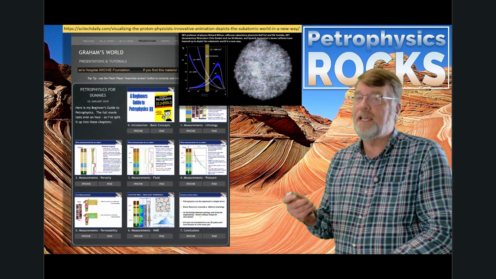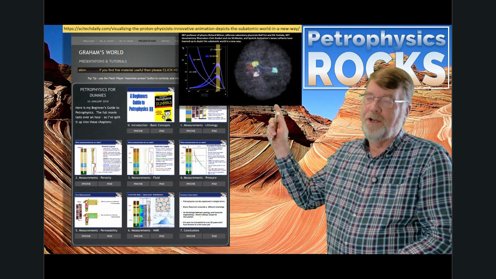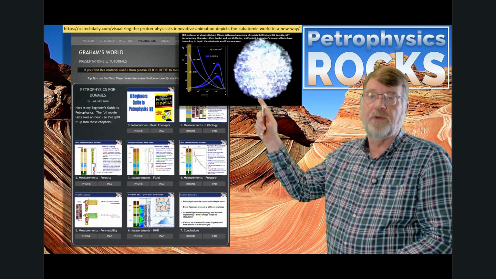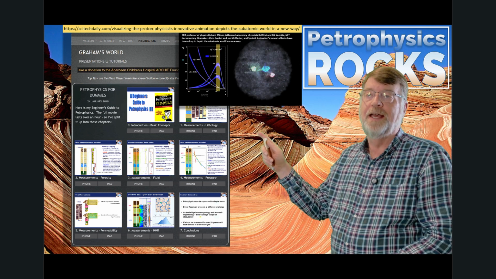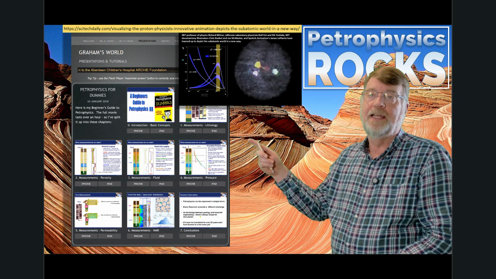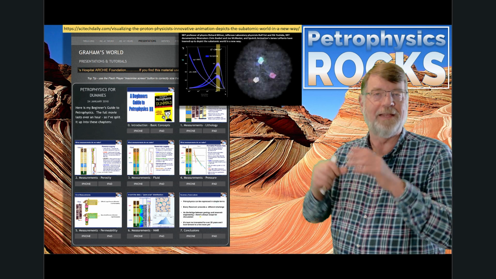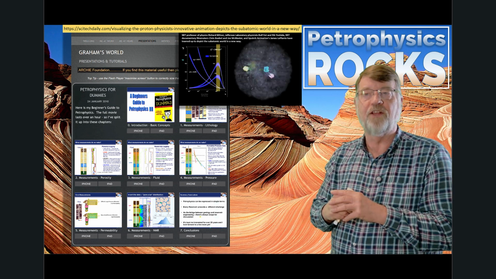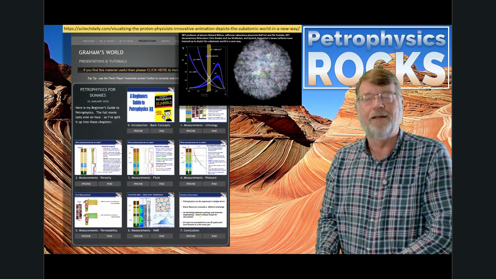You can see here on the left-hand side is the scale. As this bar moves across, we're getting smaller and smaller scales. That's in the nucleus, and this one out here is the whole atom, with all the electron cloud around it. But as you zoom in, you get bigger and bigger magnification.